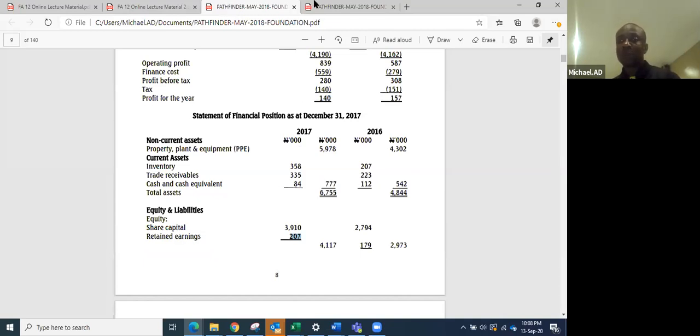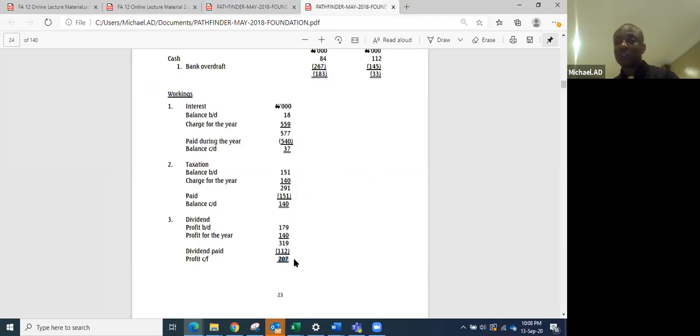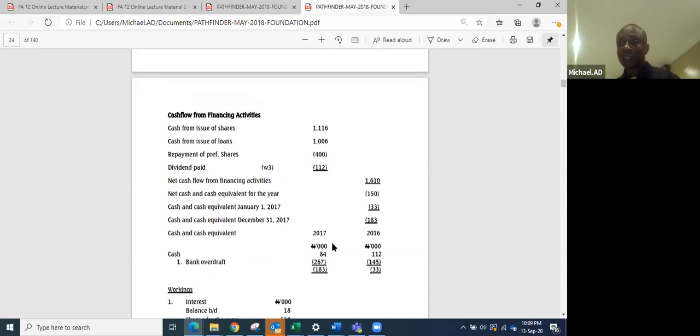So what then happens to the remaining? It means that you've actually spent 112 on dividend. The profit for the year was supposed to be 319. Your book's showing 207. It means you paid dividends of 112. So that's exactly what happened here.